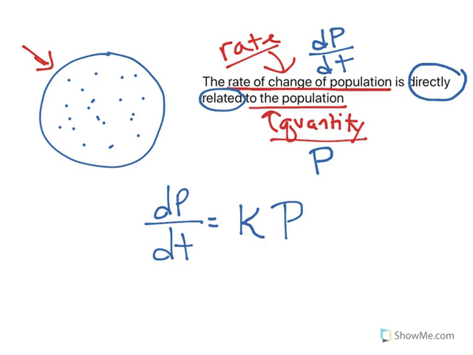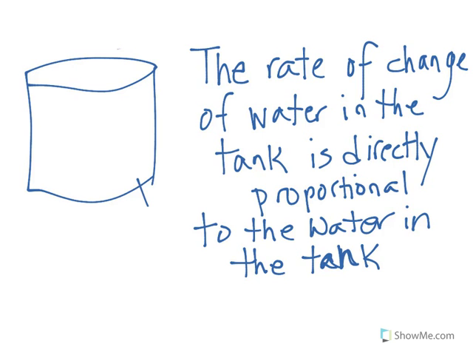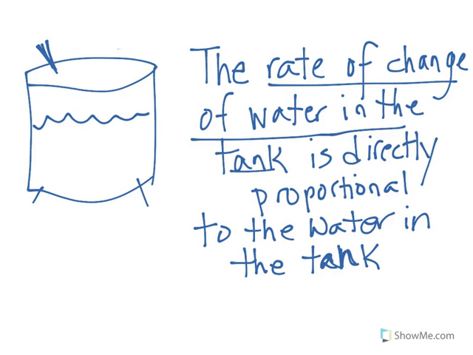Now you're going to see a ton of problems set up like this, but they're always going to have the same words in them. Let me just show you another quick example. Oftentimes we'll have a tank. So let's say we have a water tank, and we have water pouring into the tank. And it says the rate of change of water in the tank is directly proportional to the actual water in the tank. You're going to see this phrase all the time.